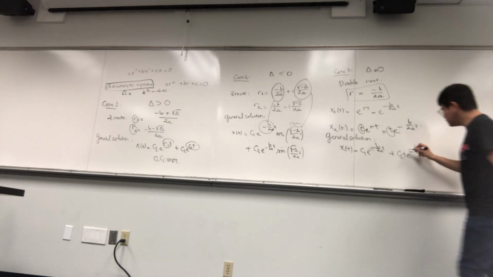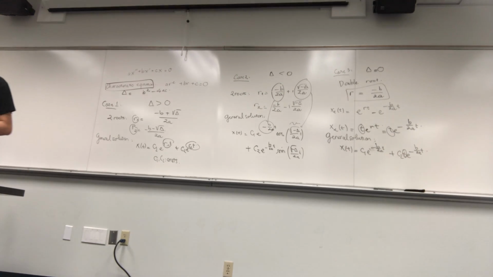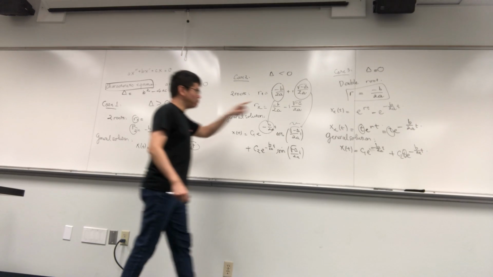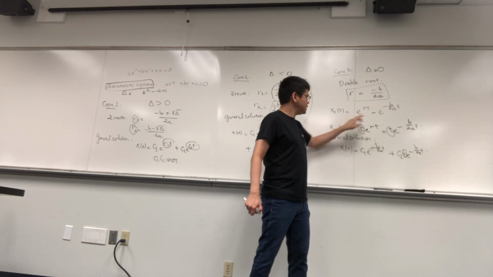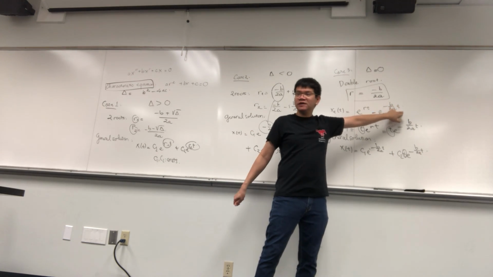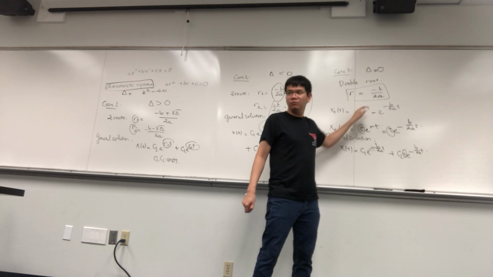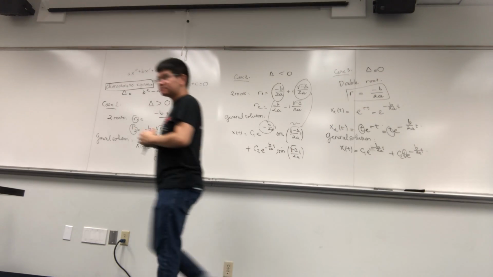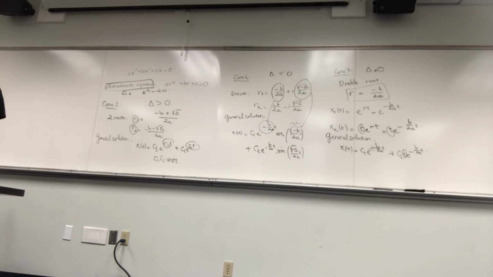So why do we have to multiply t? I'm going to explain it later. Questions? So for the last case, you have one solution. The first x1 is always exponential. The second one is obtained by multiplying t with the first one. Right, so let us try to do some exercises.